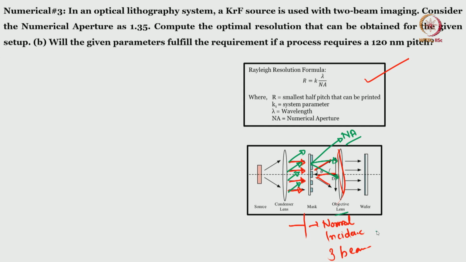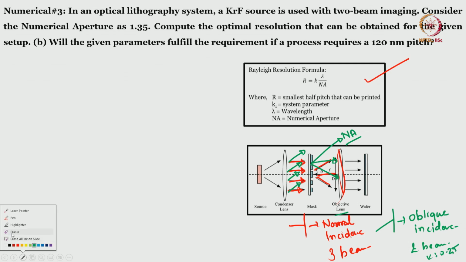If it is oblique incidence, then it is 2 beam, and for this your K value is 0.25, and for the other, 3 beam, the K value is 0.5. Which is better? The lower the K value, the better it is for us, as it will result in improved resolution. So that is the overall idea of how the optics, values and parameters change.